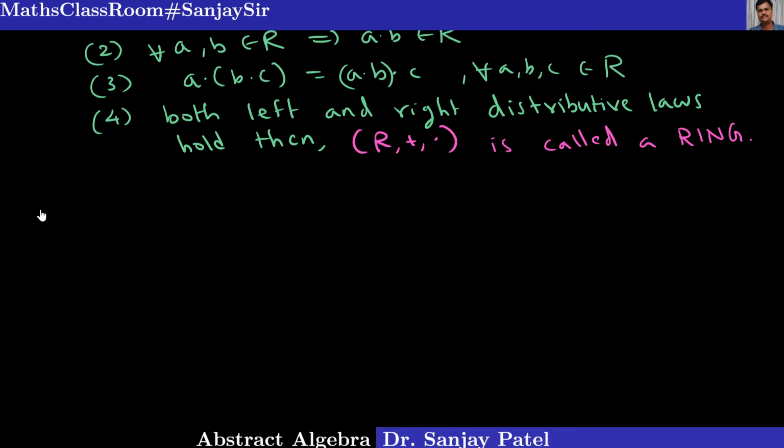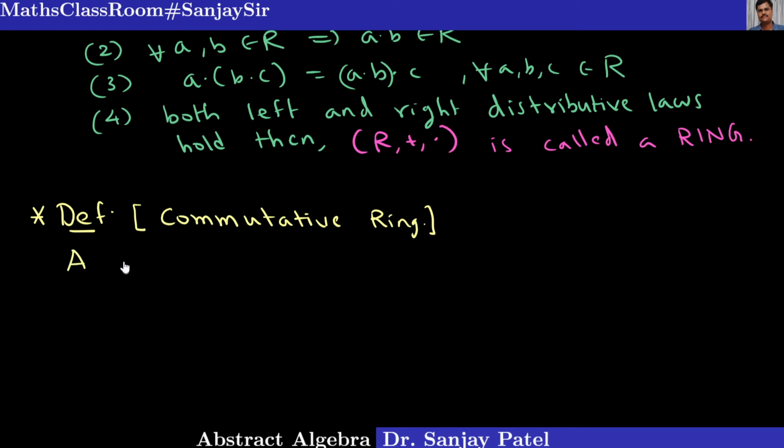So if you keep on adding some more conditions for the second operation of multiplication, then we'll get different types of rings. So our next definition is the definition of commutative ring. Again, a very important type of ring, commutative ring.